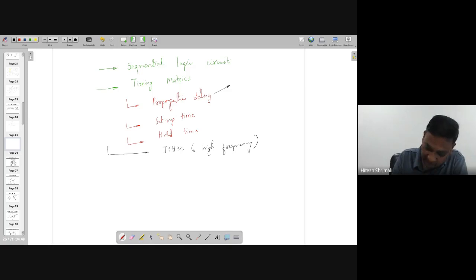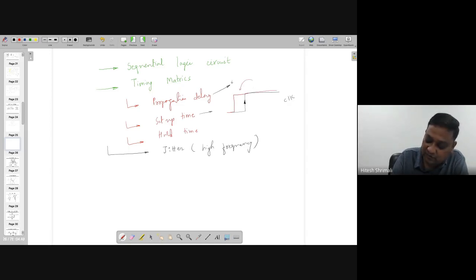But we have also studied the setup time. Let's assume it is a positive edge triggered register. With the clock going from 0 to 1, how much time before that should the D input be available?